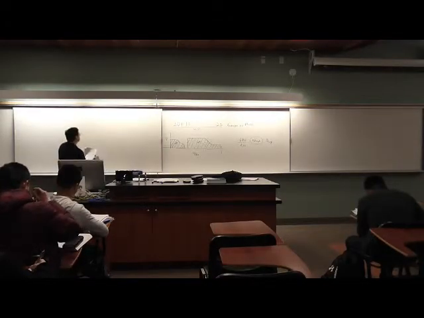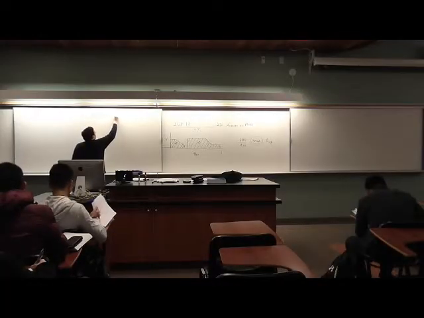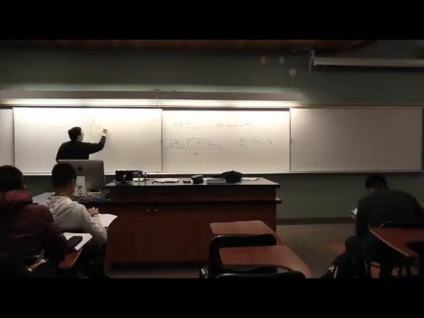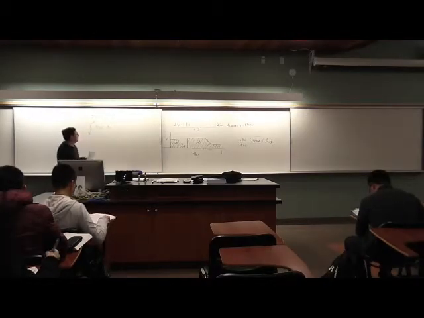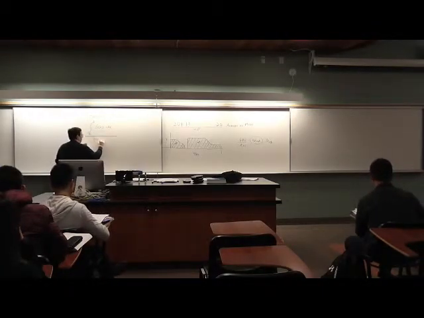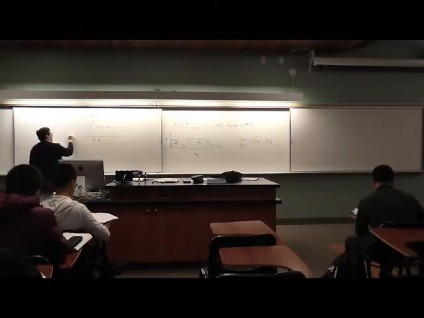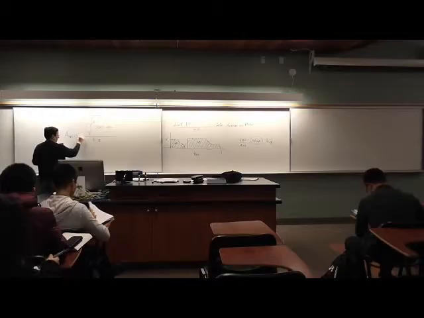So if I have some function, f of x, defined on some interval a to b, and I find the integral from a to b of f of x, that of course is the area under the curve. But if I then divide this by b minus a, the length of that interval, that becomes the average value of f.